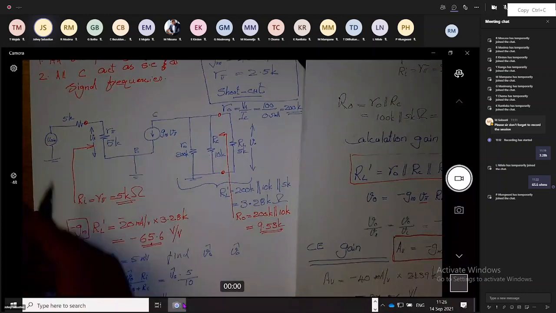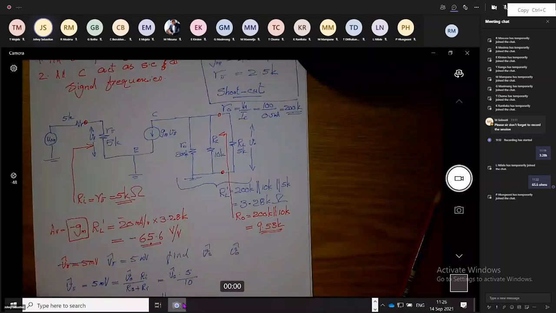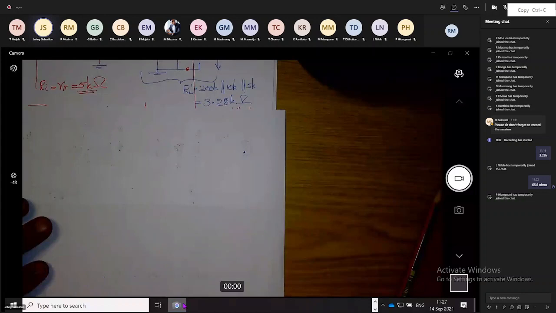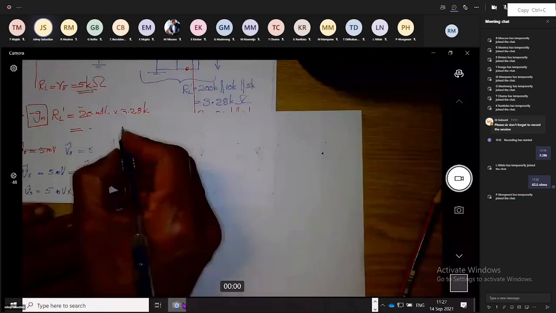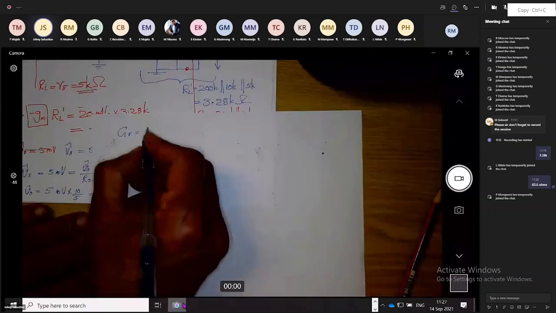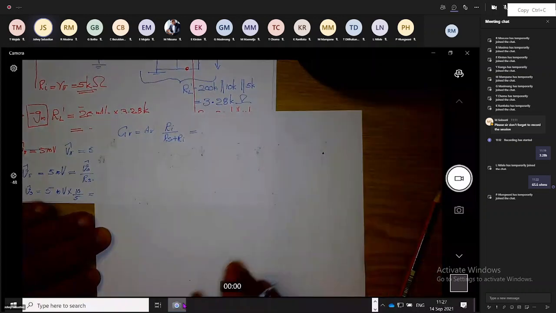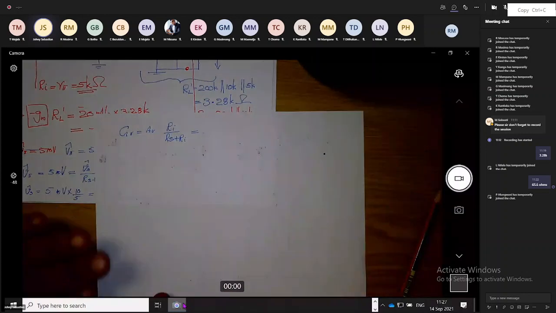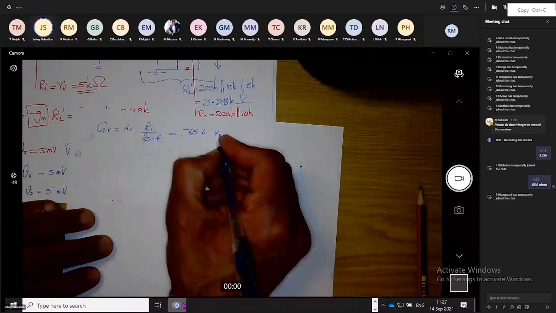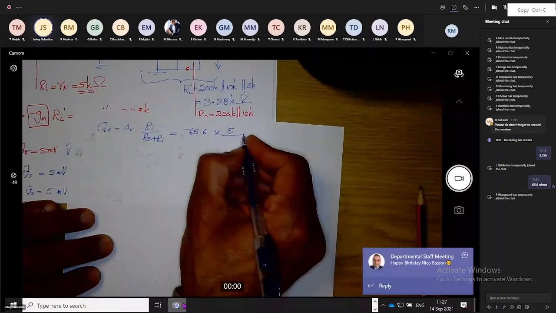Then we need to continue the problem and try to calculate GB. GB is AV times Ri over Rs plus Ri. AV we already have now, 65.6, input impedance 5K, Rs plus input impedance is 10.